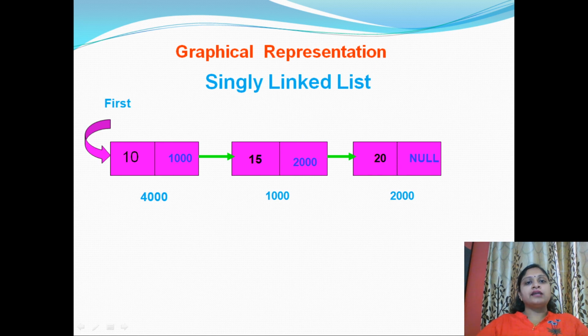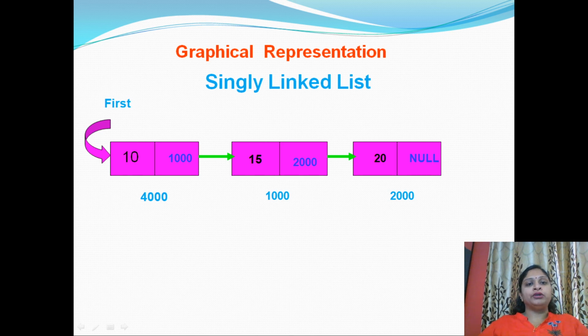This is a graphical representation of a singly linked list. What is the meaning of a singly linked list? It is just like continuous memory. Just like in arrays we store variables, in the same way we are going to save the elements over here. But here the list contains a collection of nodes.